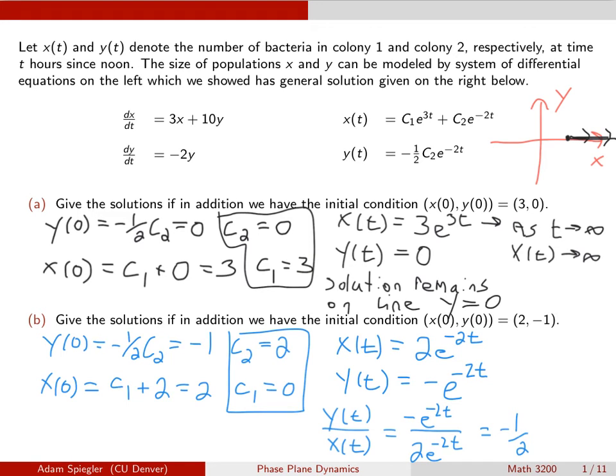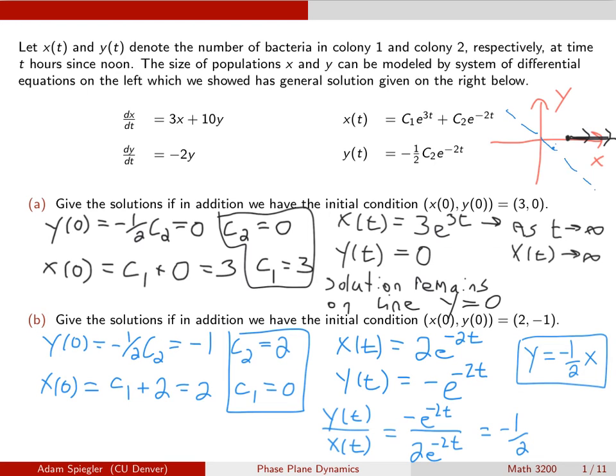And so another way to think about that graphically is that it's always going to be the case that these solutions are going to remain on the line y is equal to minus 1/2 x. So in this case, we're starting off at the point, say, 2, minus 1. I'm just going to approximate it as being someplace over here.